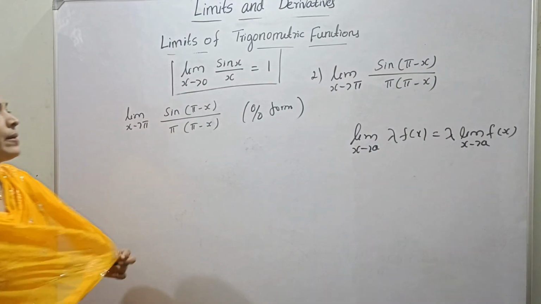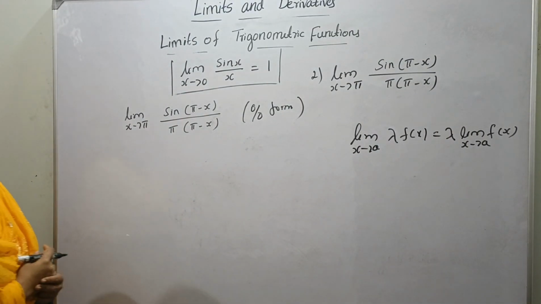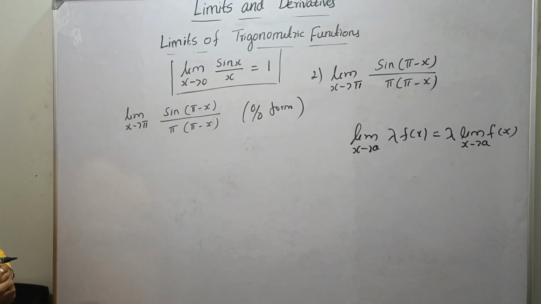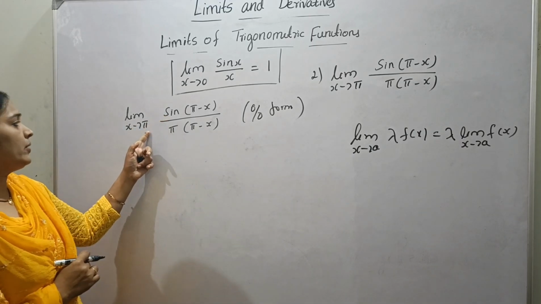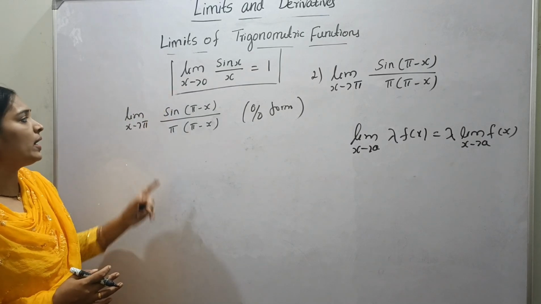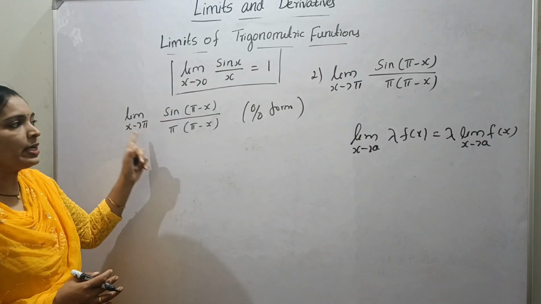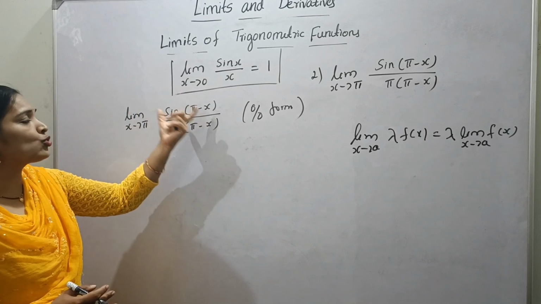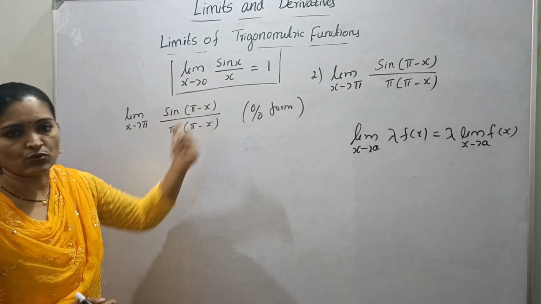Okay. Now let us apply another method using the standard formula. So sin is there. Here we have to apply this formula, so we have to make the variable tend to 0, and we have to make this expression in the form of this one, right?